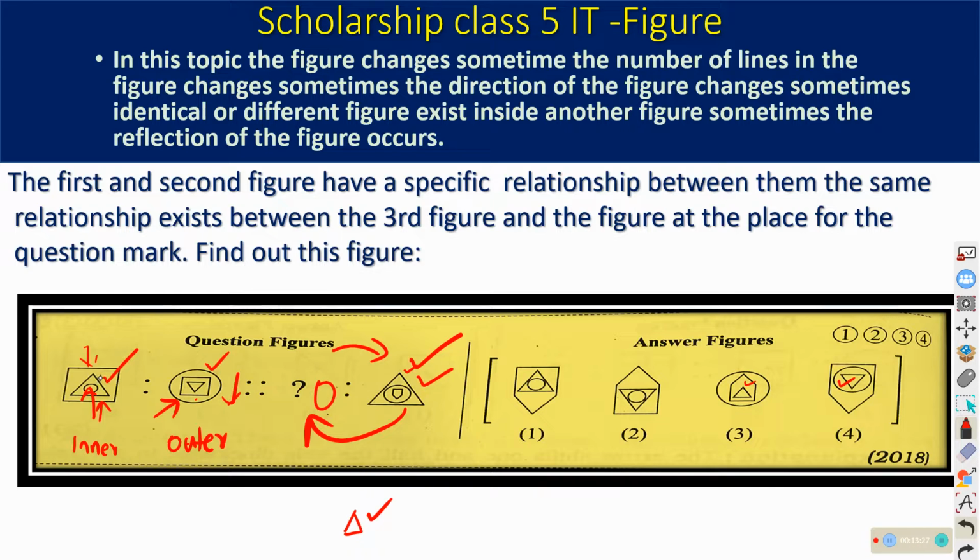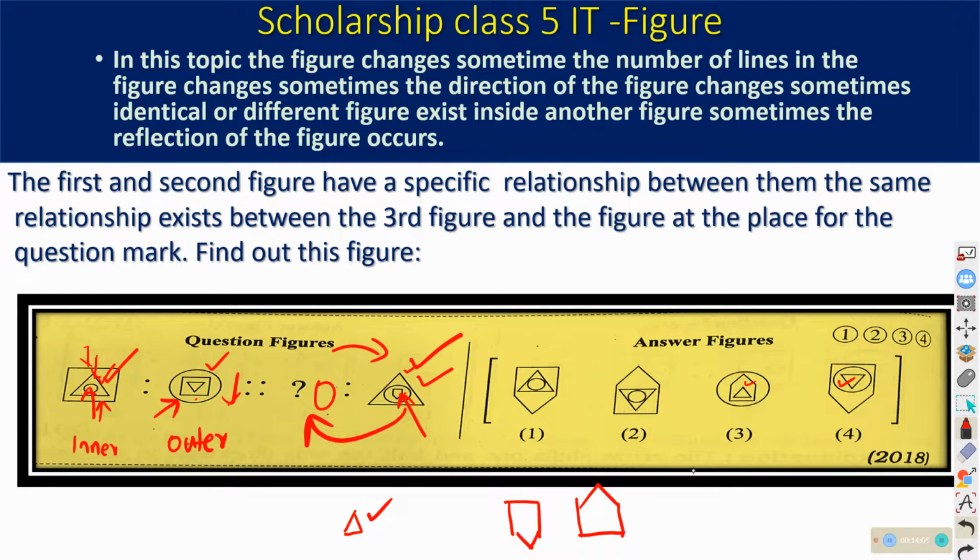Another change is that the triangle which is there in this figure became upside down inside. Correct? So what is seen here inside as upside down must be straight in the previous figure. That means this figure appears to be like this. Correct? So it will become like this in the answer figure now.